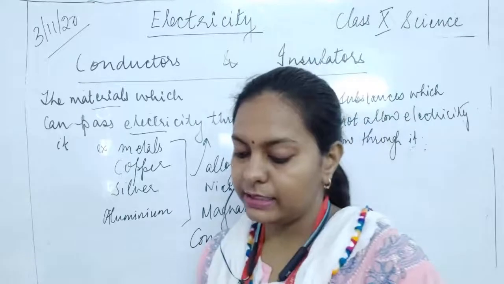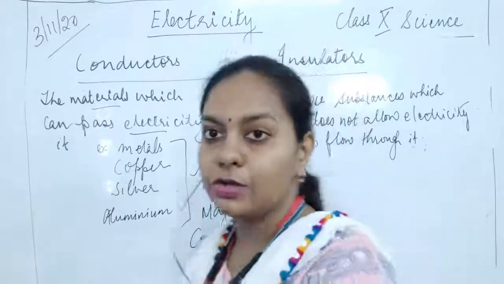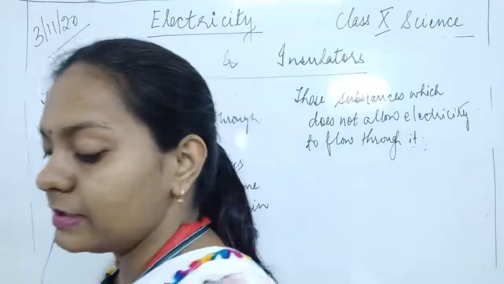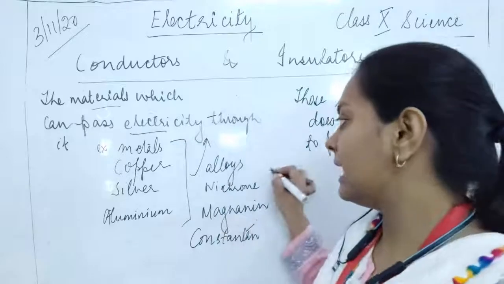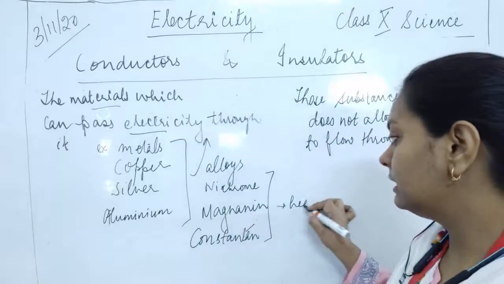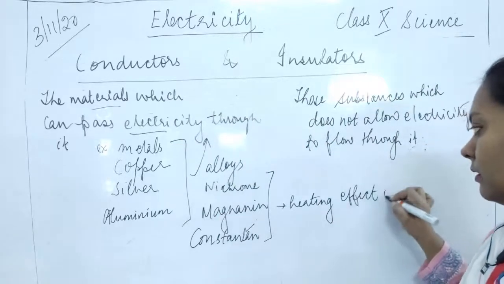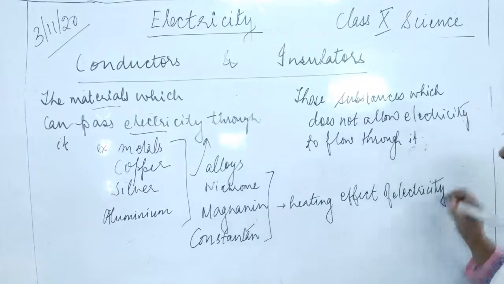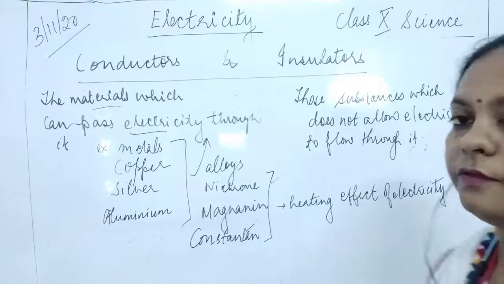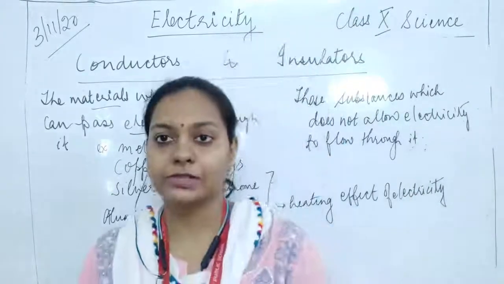Okay, so all these alloys are substances which allow passage of electricity through them. These alloys have use in the heating effect of electricity. When we study the heating effect of electricity, I will tell you about the work of nichrome, and these types of alloys which allow the electricity to pass through them.